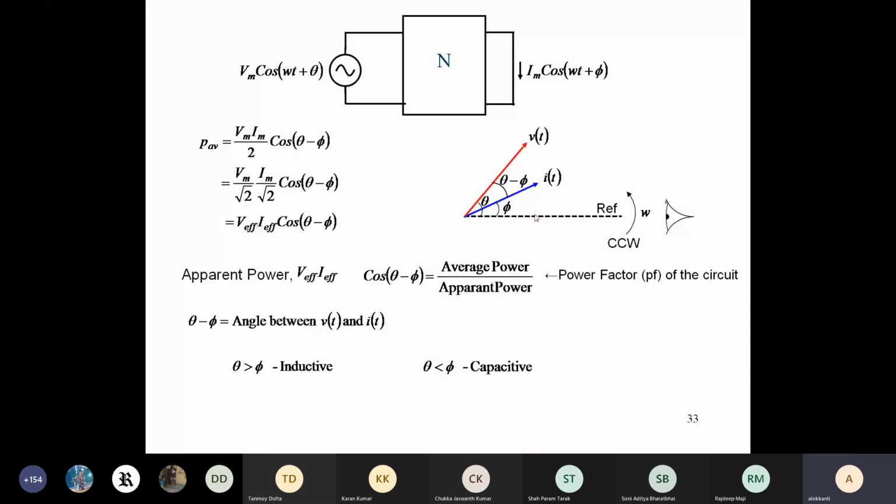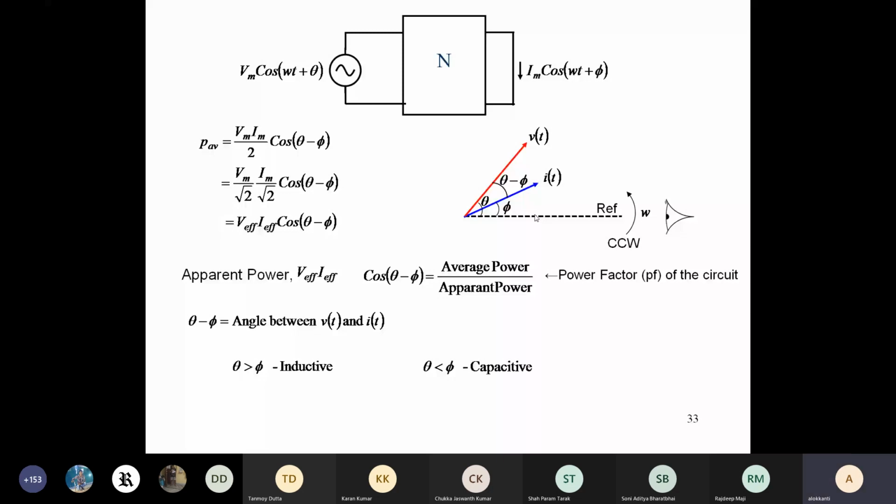But the cos remains the same, because cos of minus theta is cos theta. So theta greater than phi is inductive with a certain power factor, and if phi is greater, cos is still always positive.